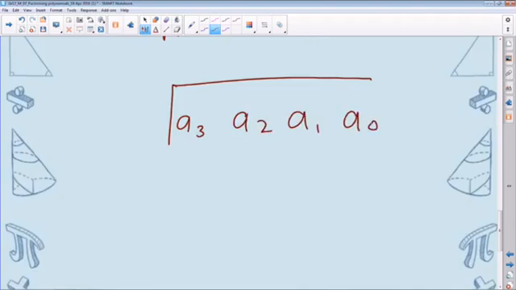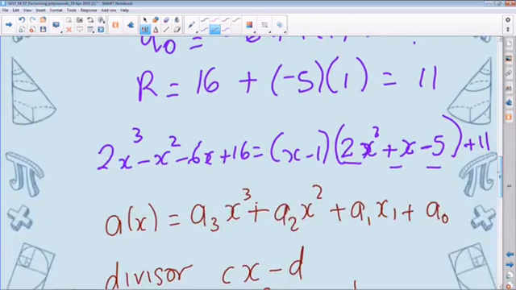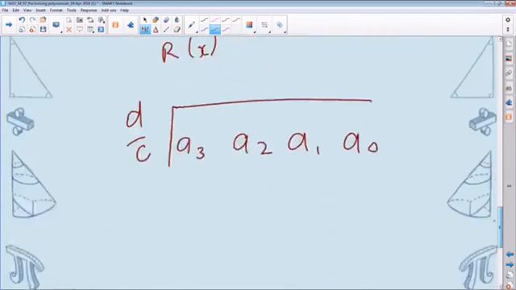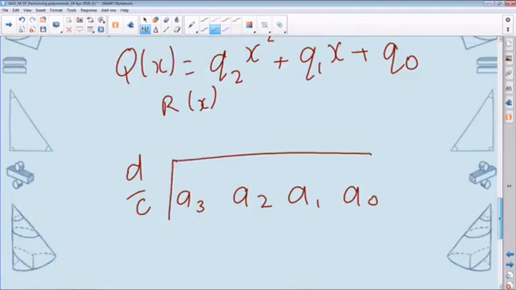And then your divisor is always d over c. I showed you how to get that. You're basically taking your divisor, cx minus d, making it equal to 0 and solving for x, and that's really what you're going to put as your divisor. And then q2, that's your quotient, and these are the coefficients of your quotients.